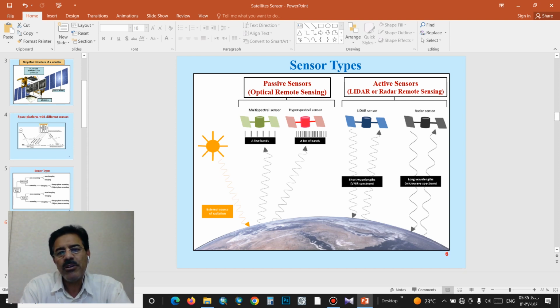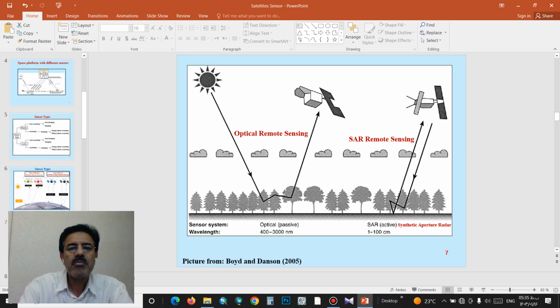In passive sensors, electromagnetic waves are produced by the sun, and in active sensors, electromagnetic waves are produced with the platform or with the satellite. This slide is showing optical remote sensing and SAR remote sensing.